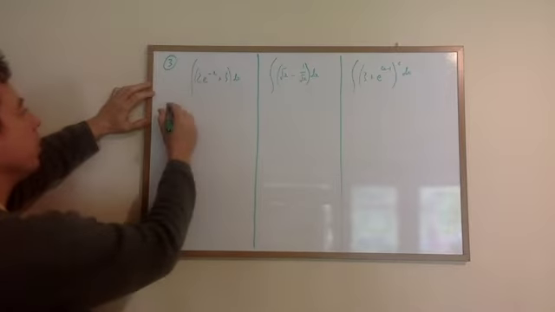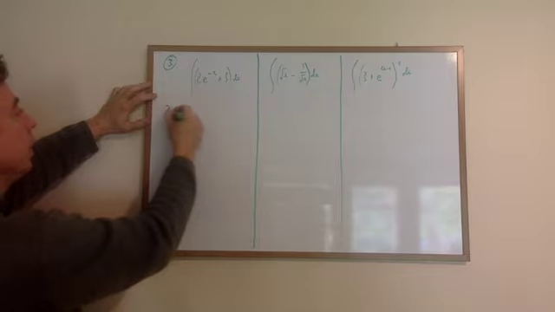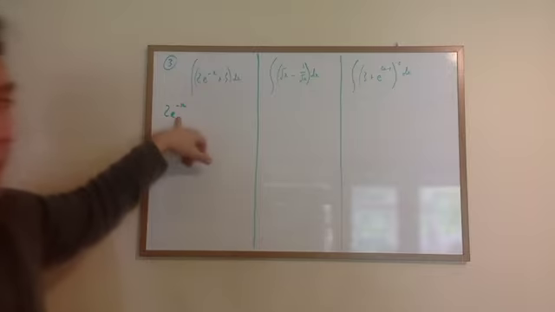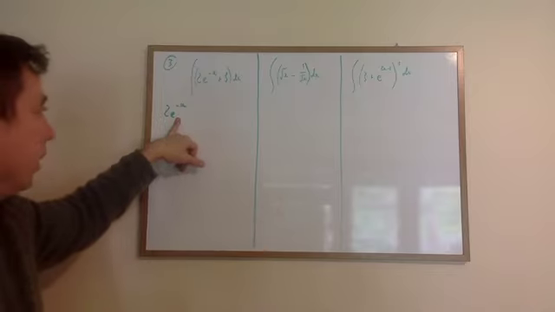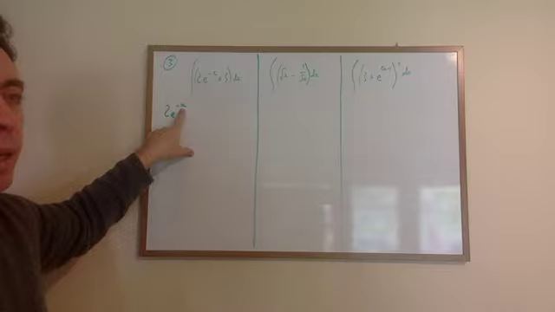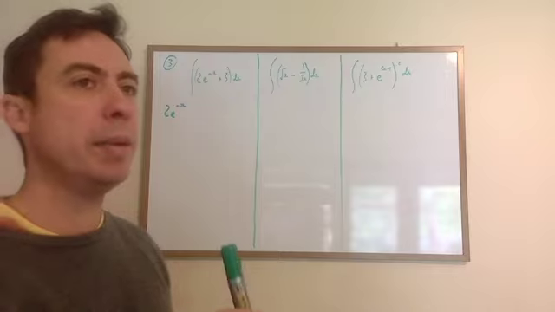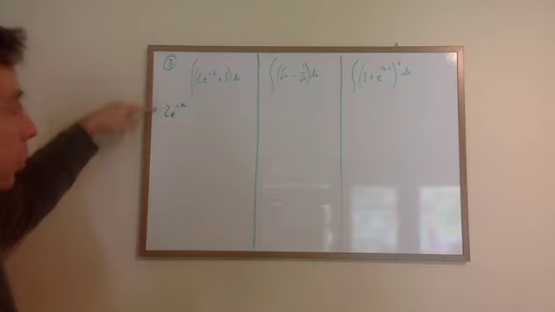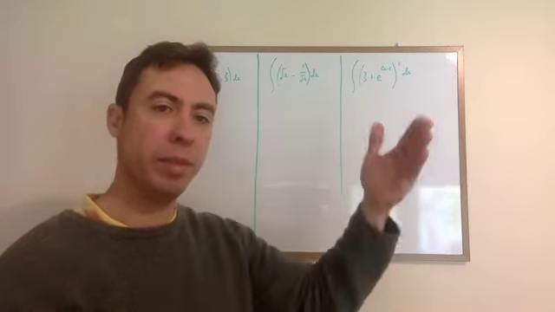So the antiderivative, or the indefinite integral that I'm after here, is 2 times e to the minus x. So constant, then I've got my e to the x. The integral of e to any power is itself, but there's an inside function, and the way the thinking process should go is you would say, if I was finding the derivative, I would at this point multiply by minus 1, but I'm doing the antiderivative, so I would divide by minus 1.